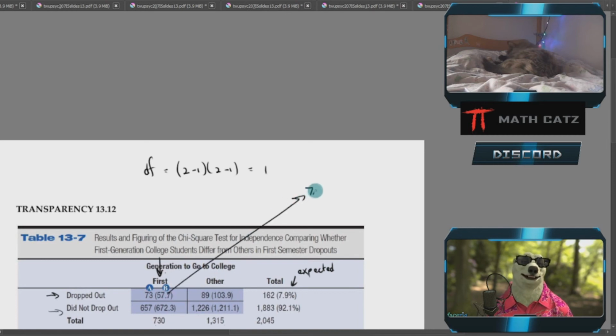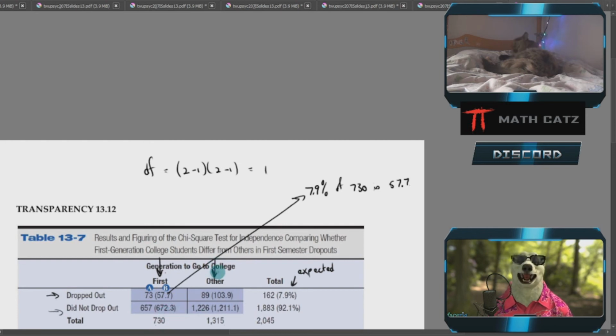So let's write that over there. 7.9% of 730 is 57.7. And that's where this comes from. I expect 92.1% of people to not drop out, so 92.1% of the first generation column, and I get my expected frequency.